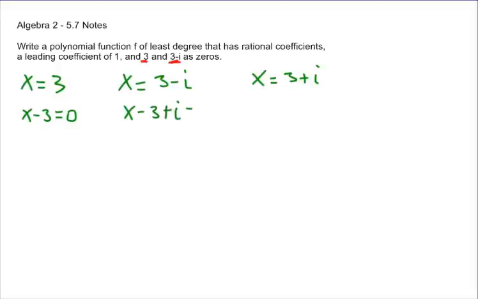But it's going to look like this. And here's all my zeros. So I might go in reverse. And what's going to happen then is I'm going to look at all of these as factors. And if all these factors equal 0, then to get a polynomial, I just multiply these factors together.